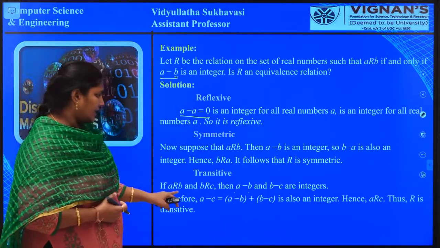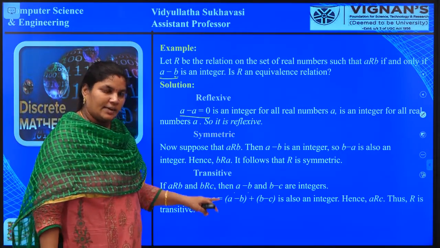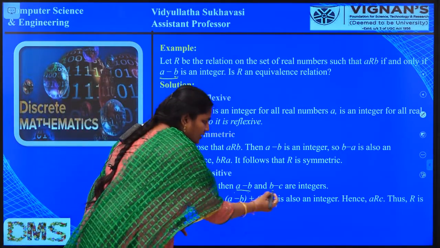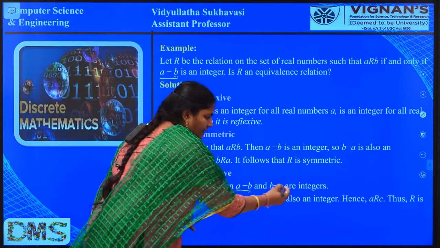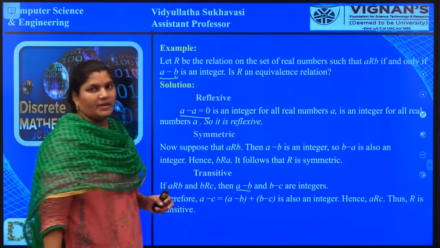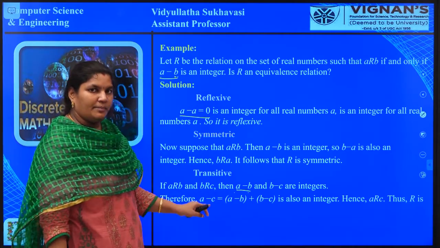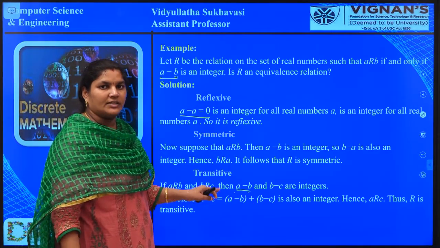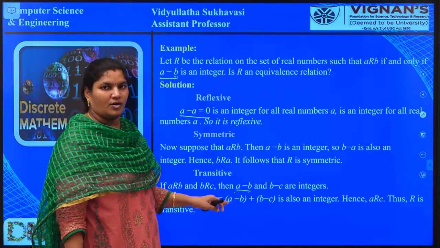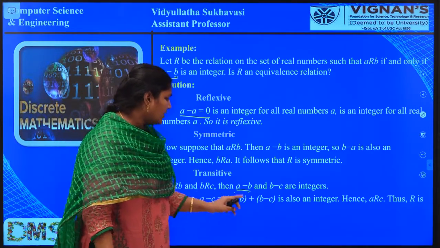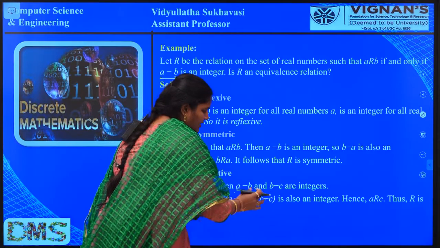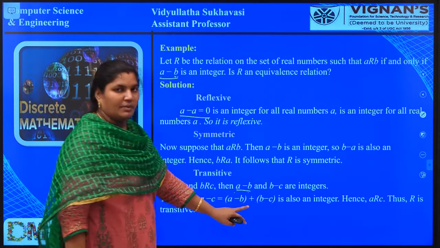See here, for checking transitive, we have taken that a minus b as integer and b minus c as integer. So here when you take a minus c, we need to check whether a minus c is also satisfied or not. When you add a minus b plus b minus c, you will get a minus c here.